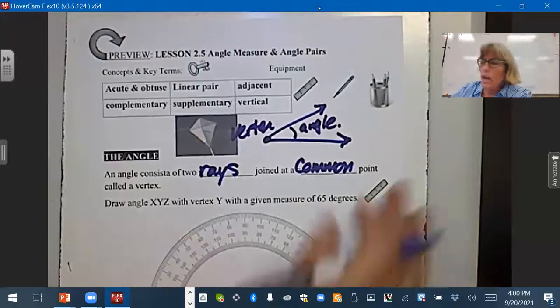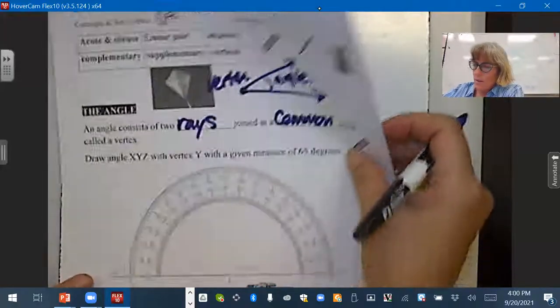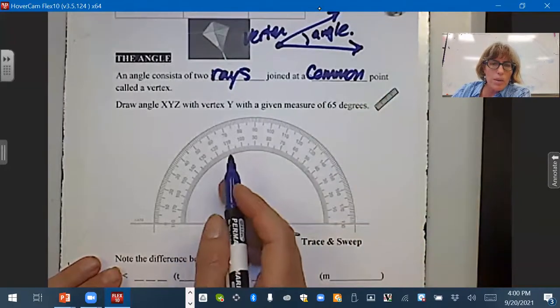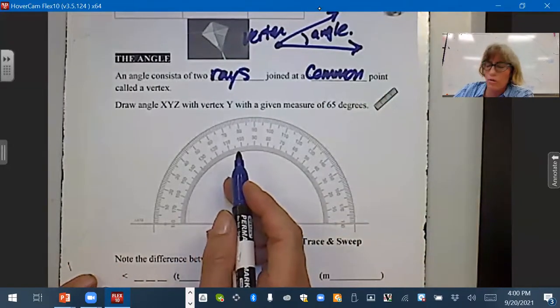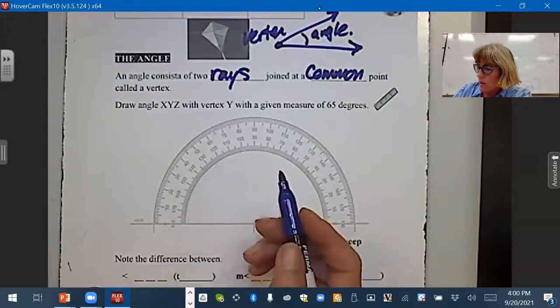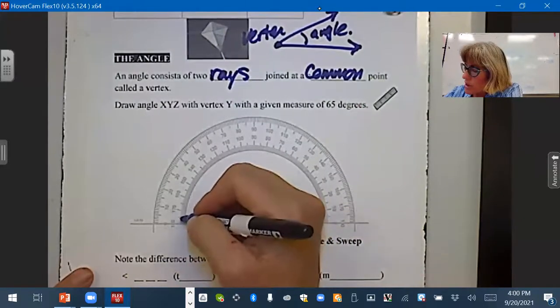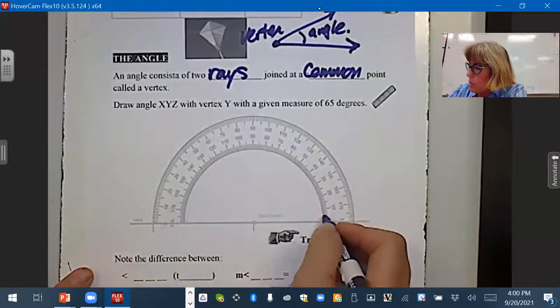Now, when we draw an angle right here, we're going to draw an angle XYZ with vertex Y. We're going to give it a measure of 65 degrees. So we're going to measure 65 degrees, and it doesn't matter which way you go.